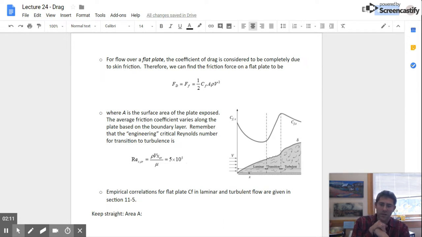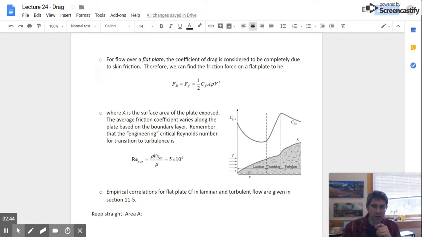That's going to be equal to, for a flat plate, rho times V times the characteristic length, which for a flat plate is the distance to where the transition to turbulence occurs, divided by mu. So this X critical is the distance from here to here, the critical distance before we trip to turbulent flow. And that's where Reynolds number equals 5 times 10 to the 5th.